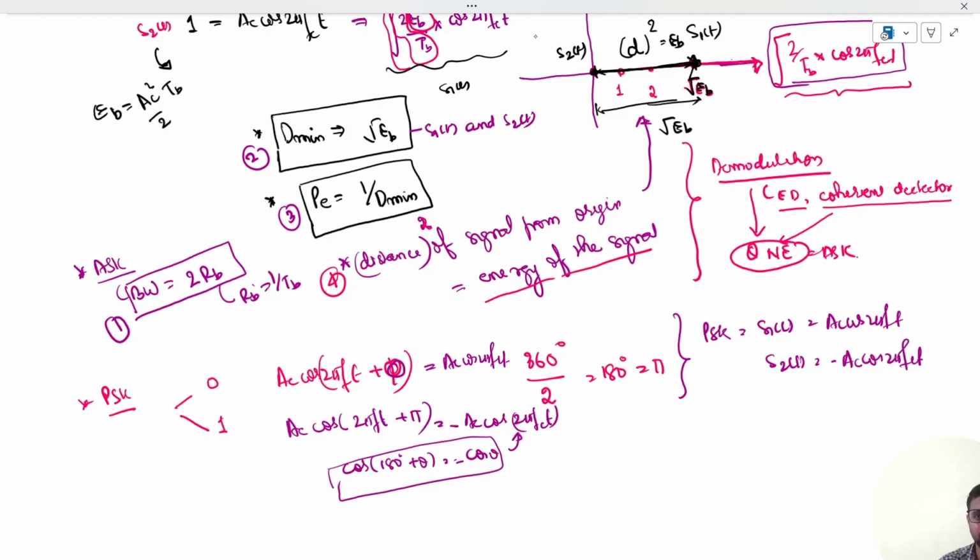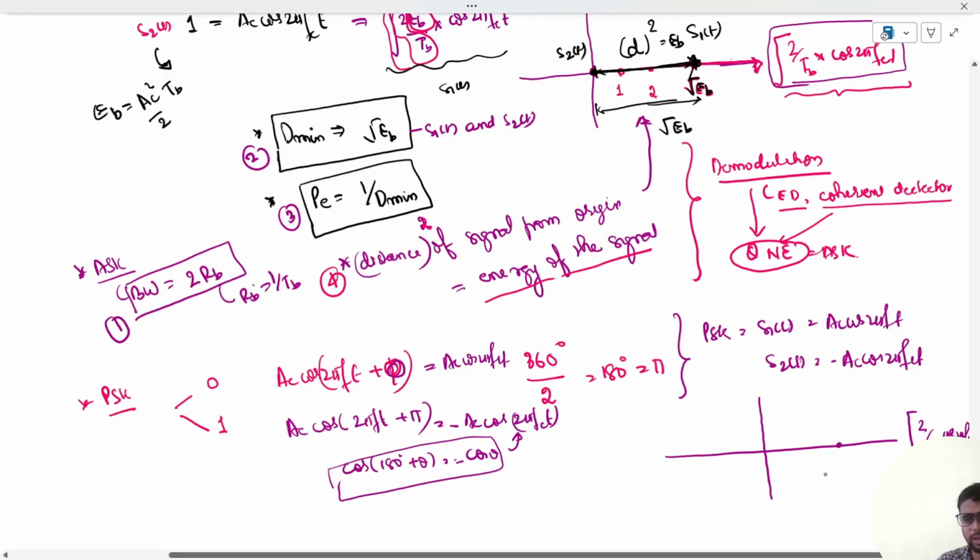Similarly for PSK, so this is S1(t), S2(t). If we want to draw it in the constellation diagram, this is given as square root of 2 by TB cos 2 pi FCT. So this value can be given as root EB, and this value can be given as minus root EB, as AC can be represented in the form of EB.